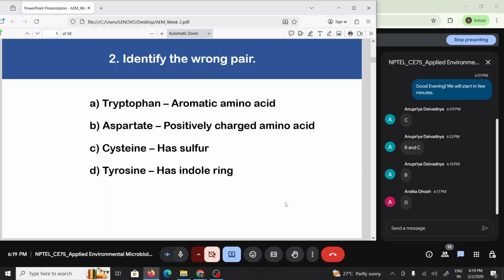And yes, cysteine is a sulfur-containing amino acid, whereas tyrosine has a phenolic group but no indole ring. So even that pair is wrong. So here aspartate is a negatively charged amino acid and tyrosine does not have any indole ring. So that is the answer for the second question.